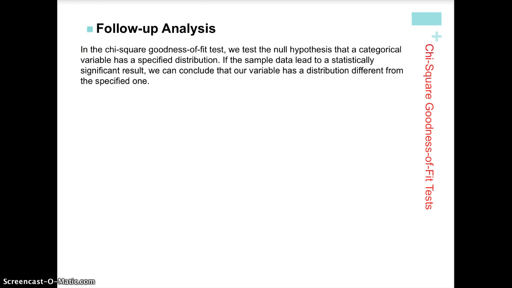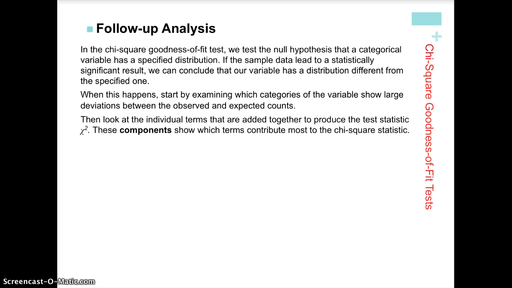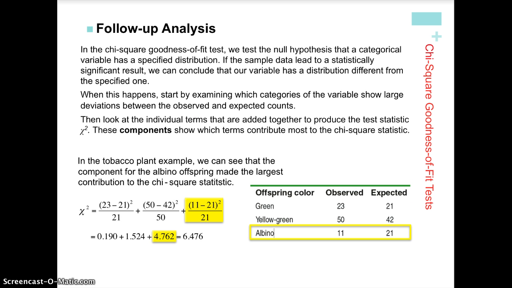Remember that the follow-up analysis is that we want to take a look at where the deviations come from. So the largest contributors to the chi-square test statistic value are going to be the ones that have the largest difference between observed and expected, and that could either be a positive difference or a negative difference. However, it's not just a raw difference, because we're dividing by the expected value for each of the different categories.